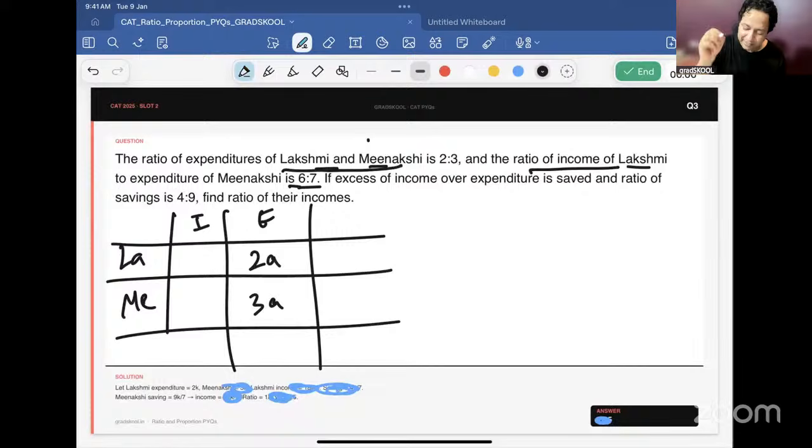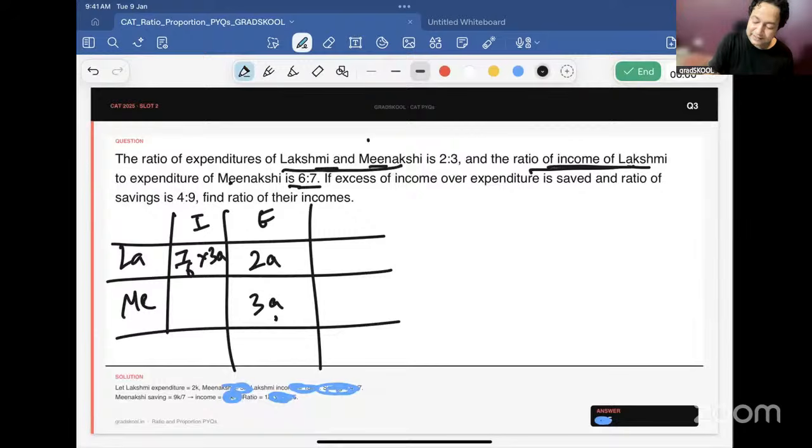So the ratio of income of Lakshmi to expenditure of Meenakshi is 6/7, so this will be 7/6 times of 3A. Now this is correct.